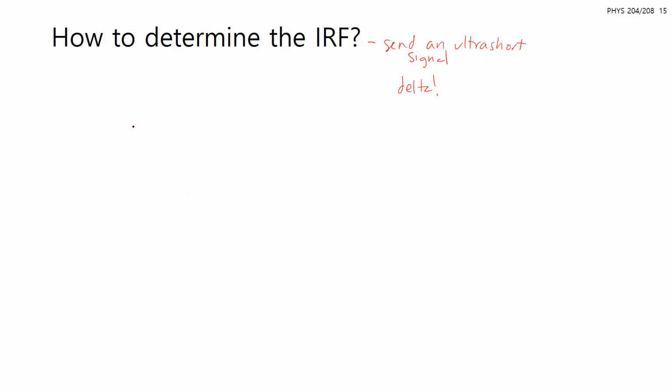So we can write this out based on our definition of the instrument response function: we could take the convolution of a delta function with our instrument response function. And the output should then be the instrument response function itself, based on the property that our delta function is 0 everywhere except when t is equal to t prime here.